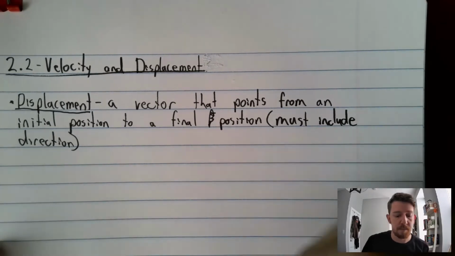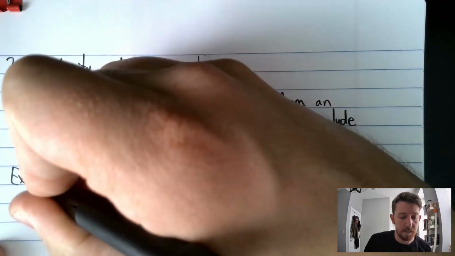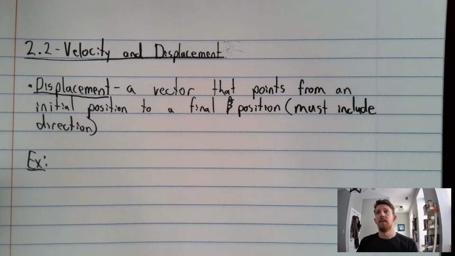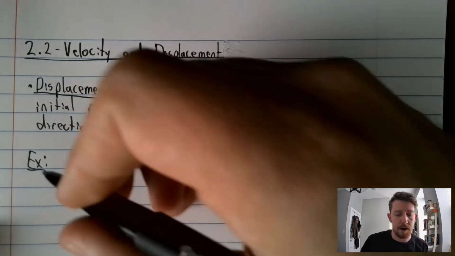So let's do an example calculating displacement. Alright, here we have it. A student goes 600 meters east, then 200 meters west. Calculate distance and displacement covered by the student. Okay.